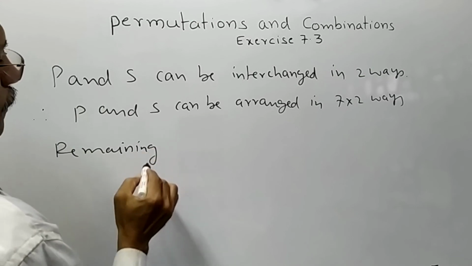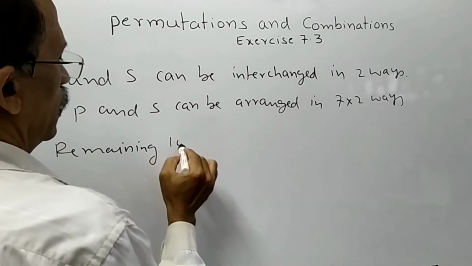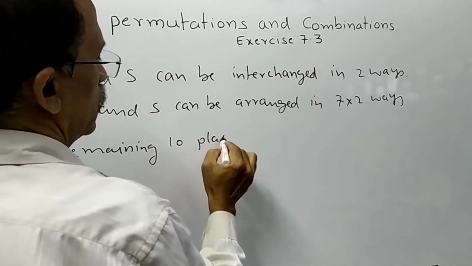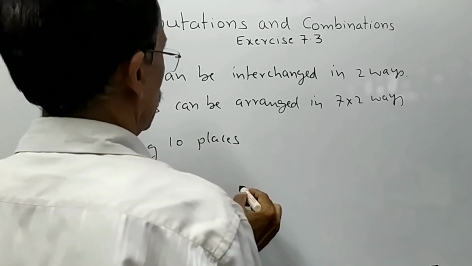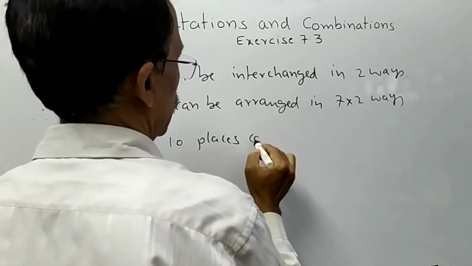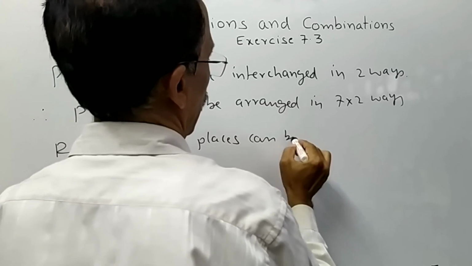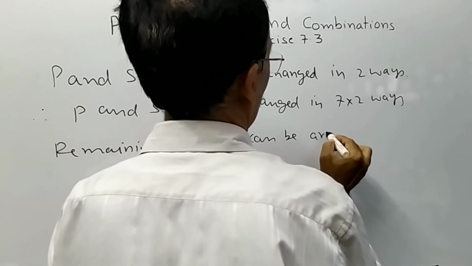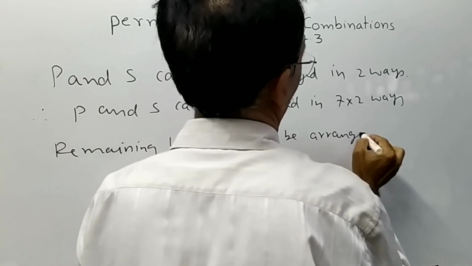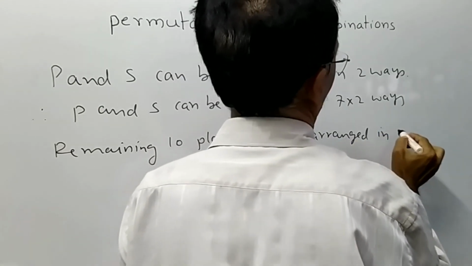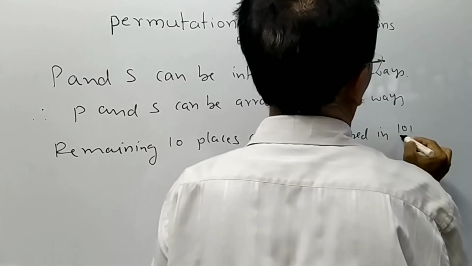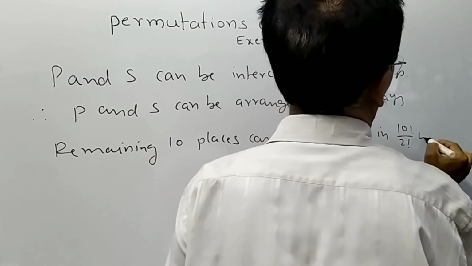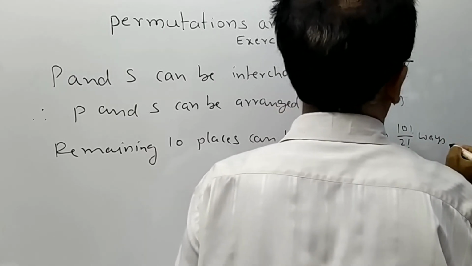Remaining 10 places can be arranged in factorial 10 divided by factorial 2 ways.